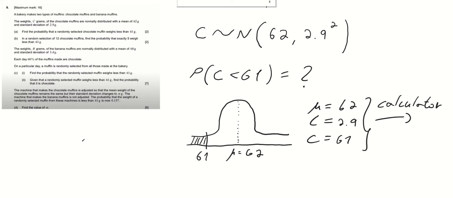So the probability that C is smaller than 61 is 0.365. This is from the calculator, and this is the answer to A.